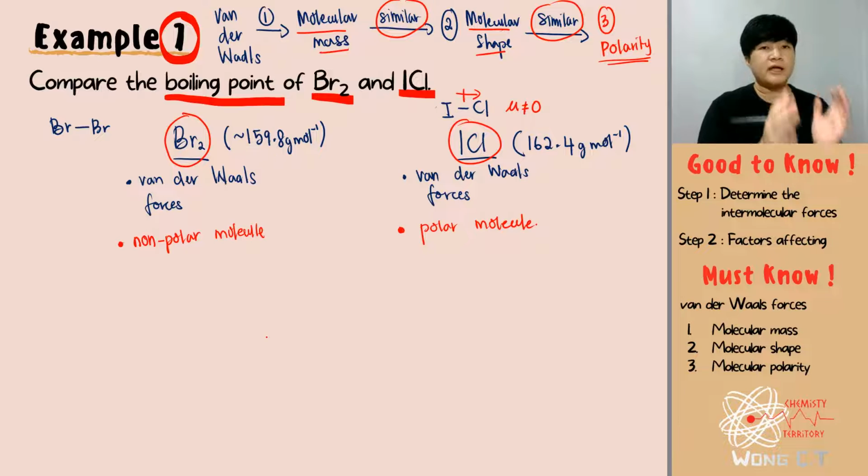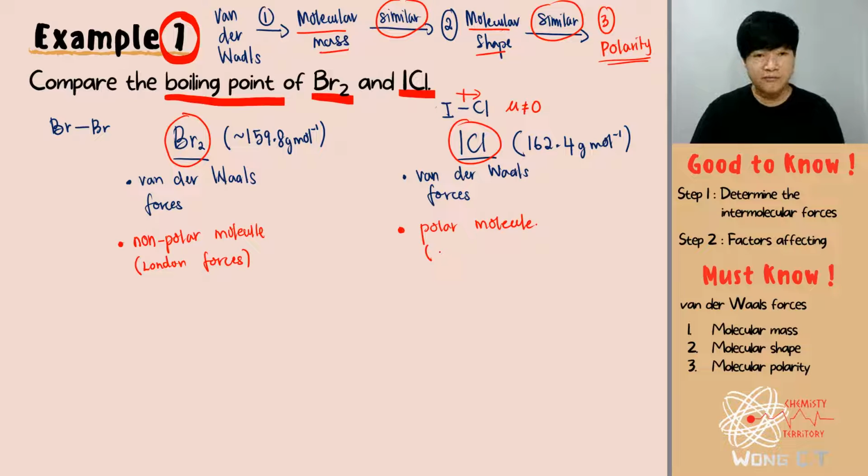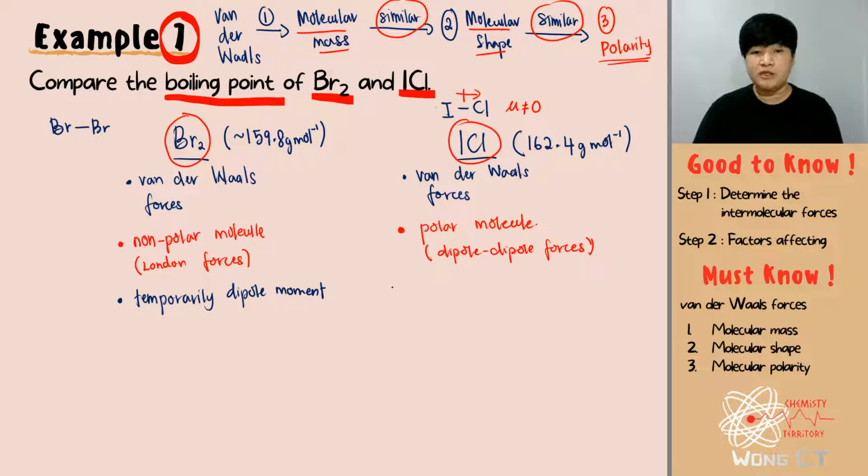And talking about your non-polar molecule and your polar molecule, knowing that your non-polar molecule is having London forces, while your polar molecule over here, obviously having dipole-dipole forces. Okay? And quite obviously, your non-polar molecule in the London forces, you have a temporary dipole moment. Remember that? While in the polar molecule, which has dipole-dipole forces, you have a permanent dipole moment.